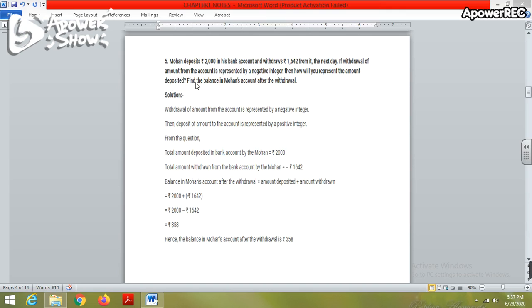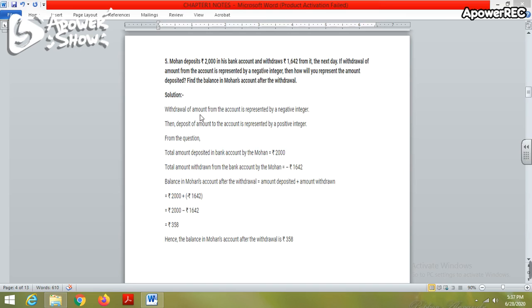Since deposited is the opposite of withdrawal, the deposited amount is represented by a positive integer because they are opposite of each other.